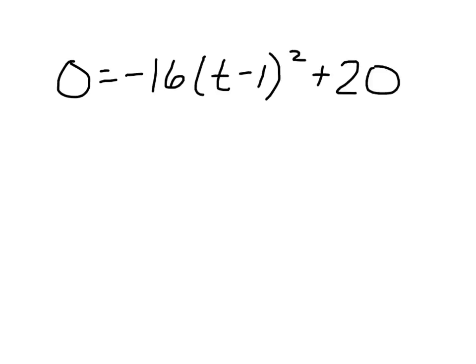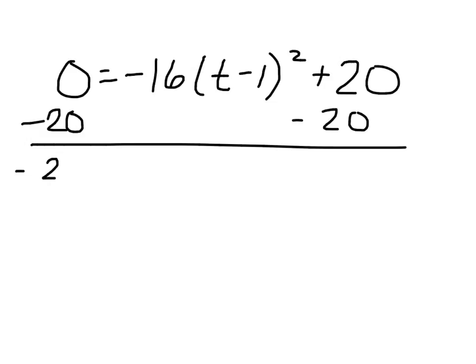How do I solve for x, or t in this case? Anybody know how I solve for t? Subtract 20. Thank you, Courtney, for finally speaking up. Negative 20 equals negative 16 times t minus 1 squared. Now what?